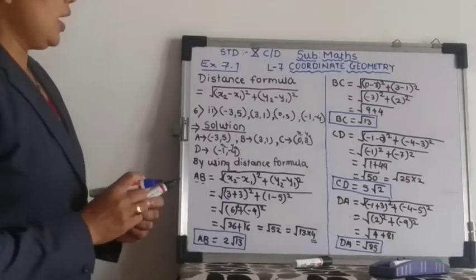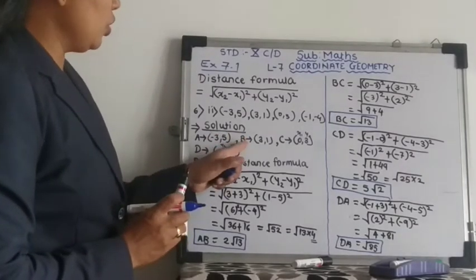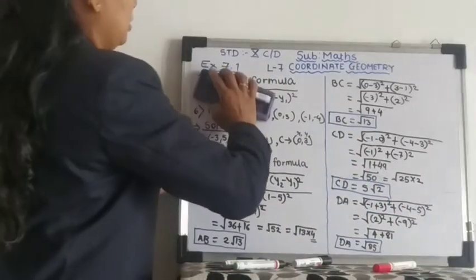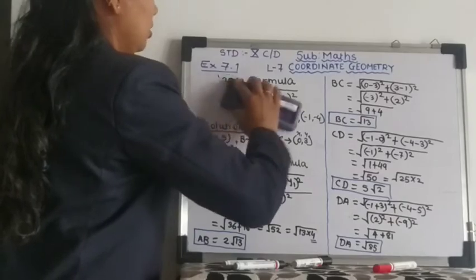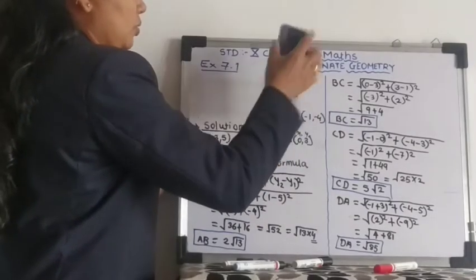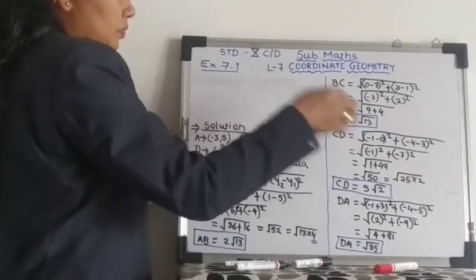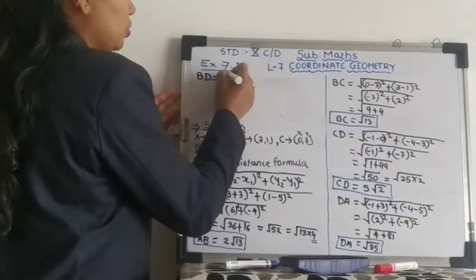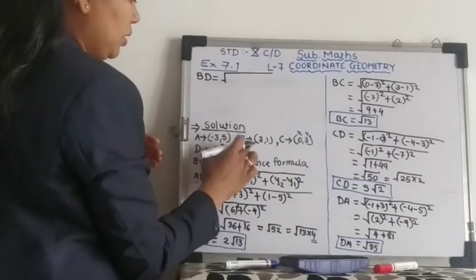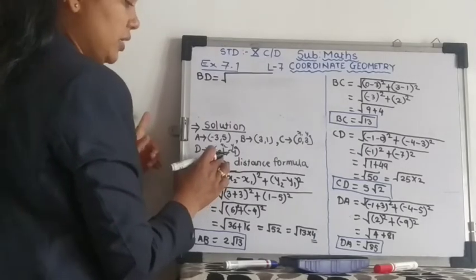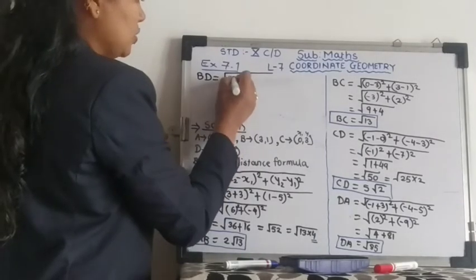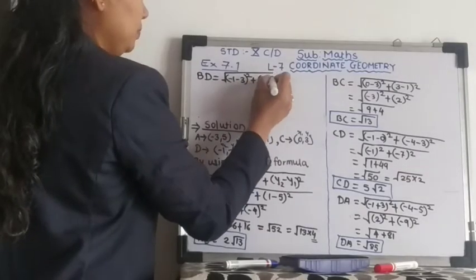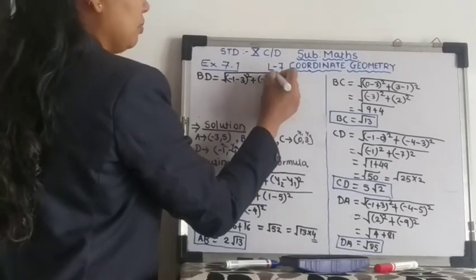DA is done. Now pending is BD. So let us find BD also. You start finding, and till then I will also find. So BD is equal to under root. B and D, D we will consider as x2 and y2. So minus 1 minus 3 bracket square plus minus 4 minus 1 bracket square.